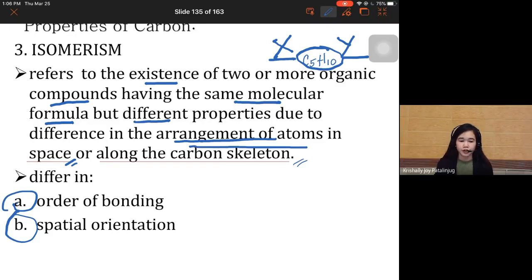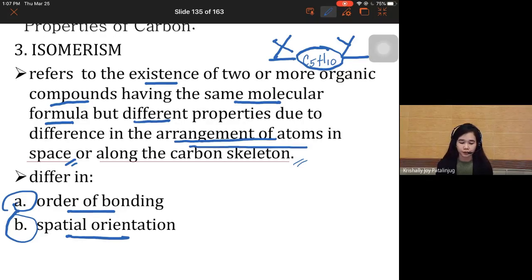Okay. Now, they differ in the structure because of, una, pwedeng order of bonding, or based on the spatial orientation. Okay, so that makes it having two general classifications.